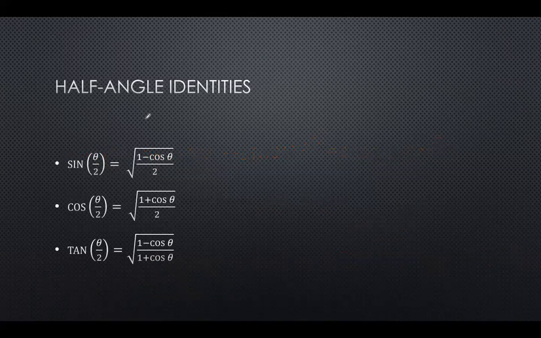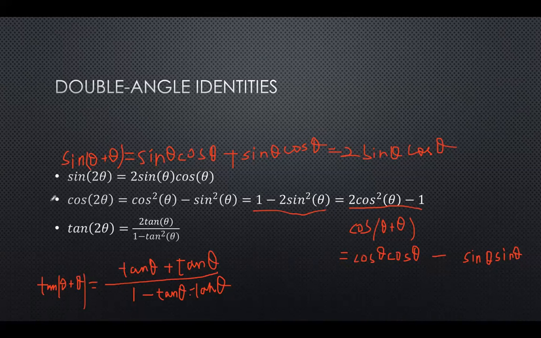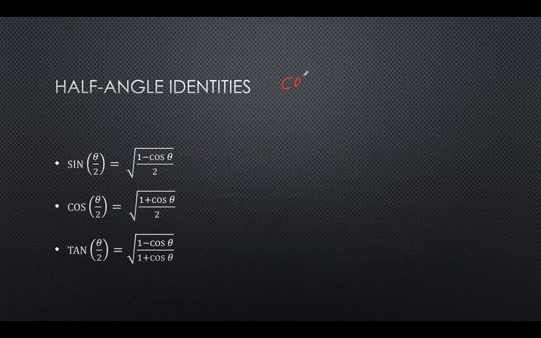So for half angle identities, what we will be using are the double angle identities for cosine. Let me write it down.